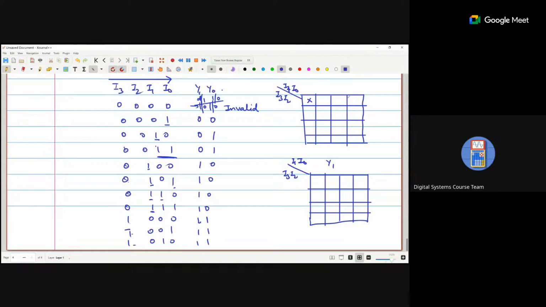Either the output is 0 or the output is 1. Only two possibilities are there, digital. But that is not a correct output. So we can consider that the output is not determined. So we can use that as a don't care condition.